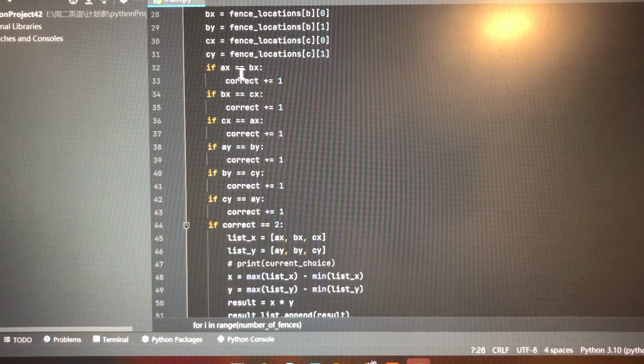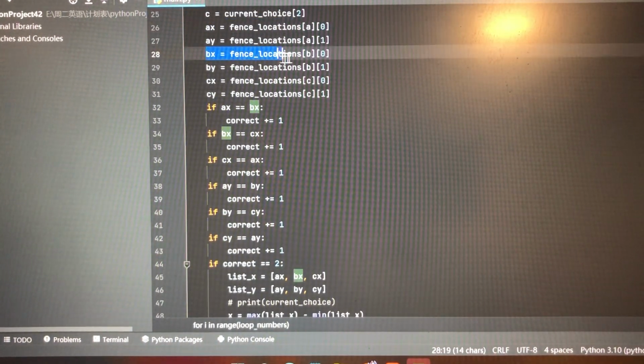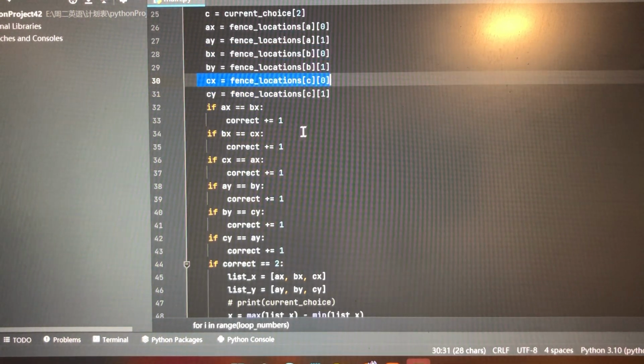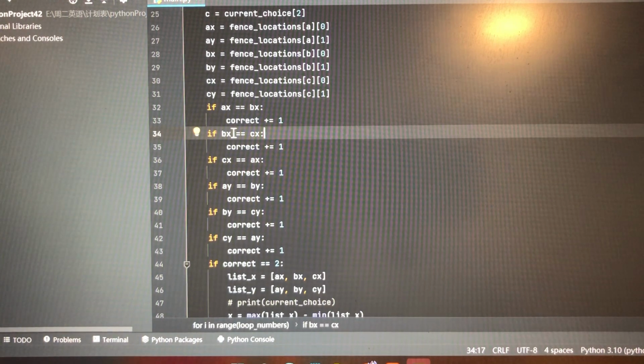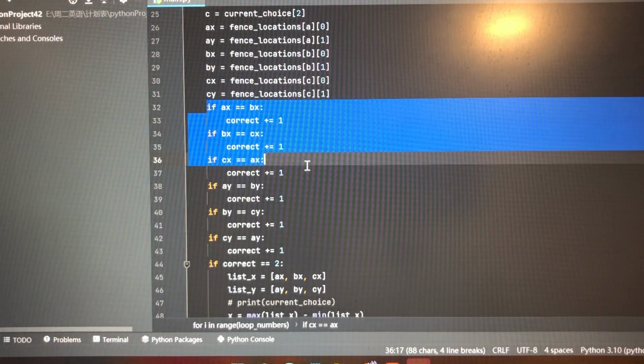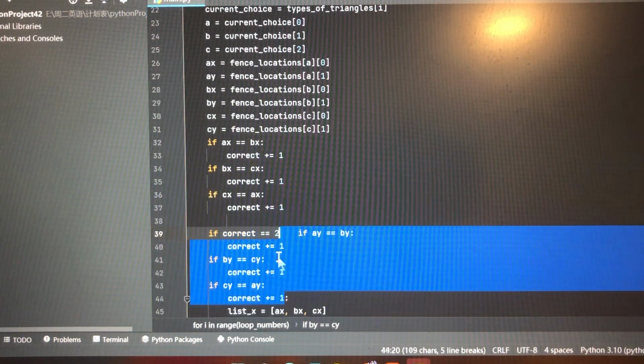So here, I just take a look at the x values, which are AX, BX, and CX, and I compare them. If AX equals BX, the count plus 1, and the same goes for these 3. And this part is the y-axis, basically the same thing, just x changed to y.